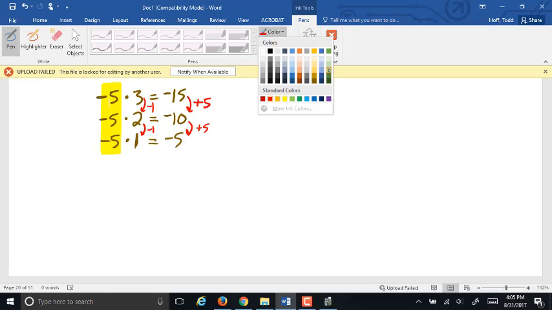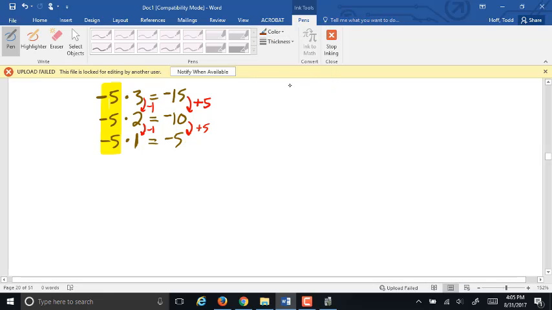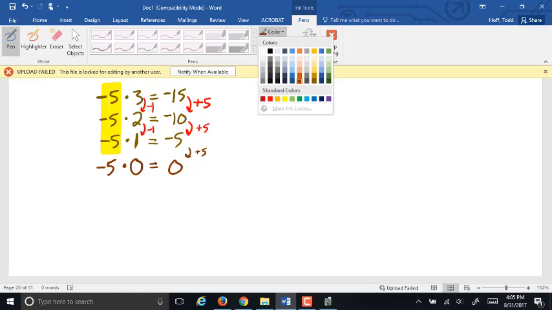So let's check to see if that pattern keeps going. So this stays negative 5. What do I have to multiply by here? If I subtract 1 again, it would be 0. What's negative 5 times 0? 0. Did this increase by 5 again? Yes, it did. So the pattern seems to be working.